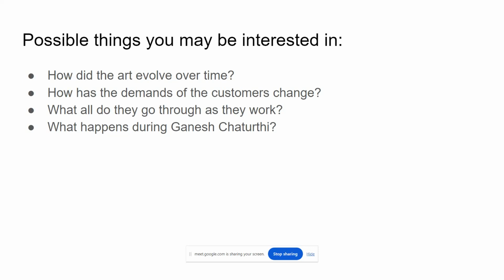Other things that the customers they have been seeing all through their business, since maybe the grandfather, great grandfather. How did the customers' perception about buying idols change? How had they started demanding different things from them?